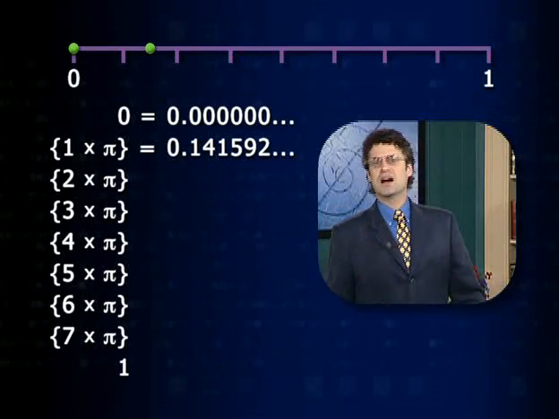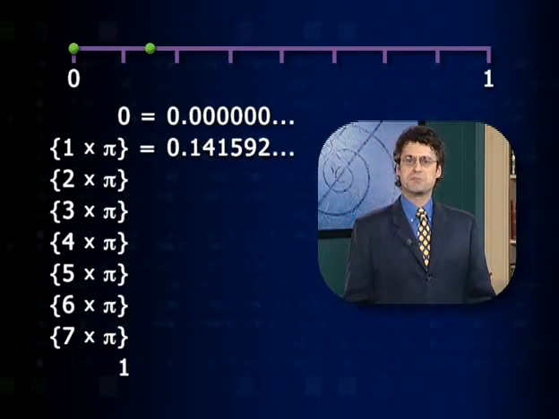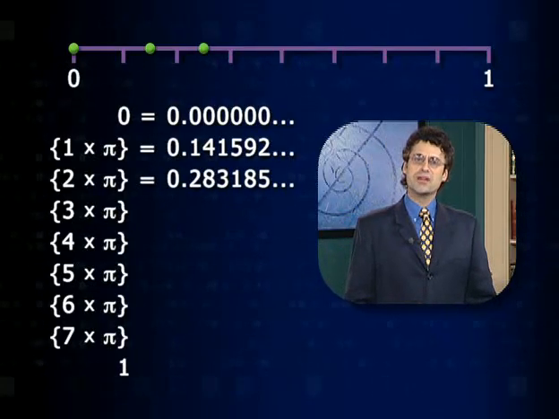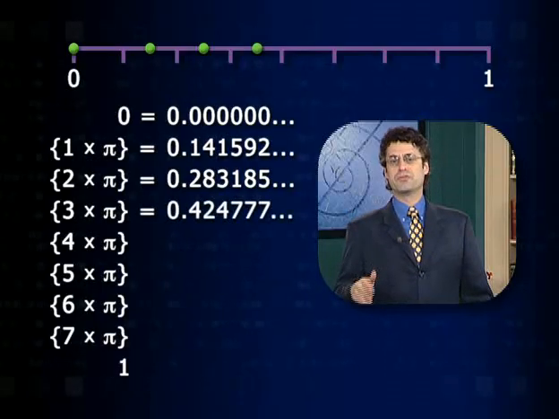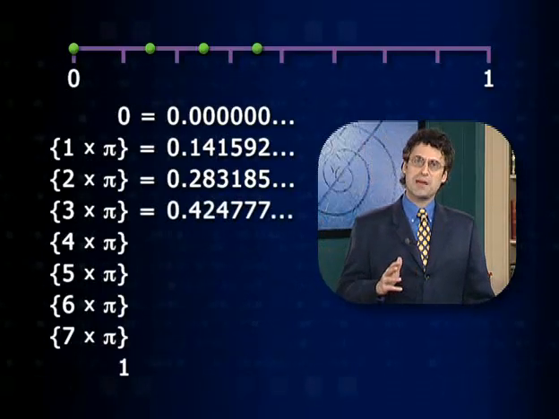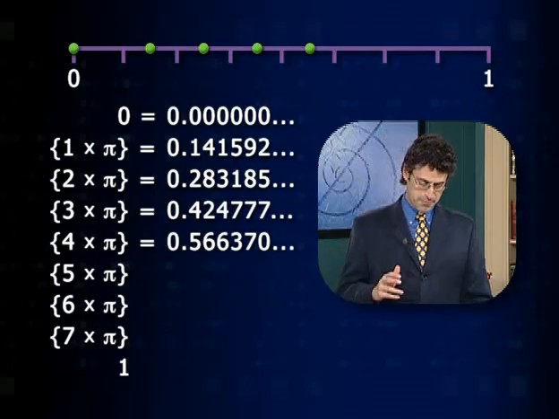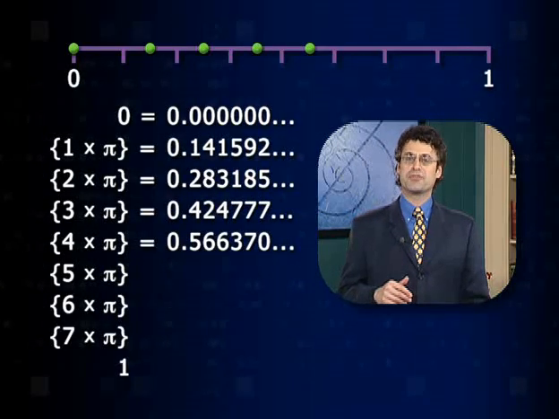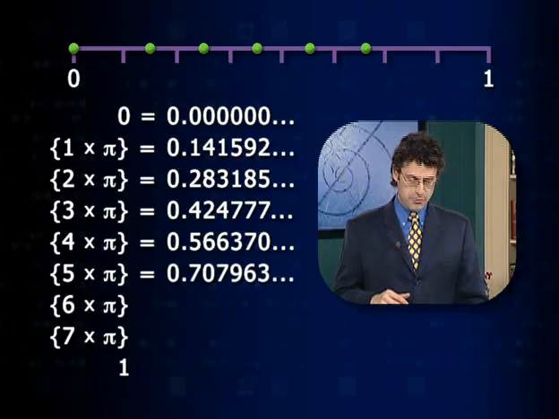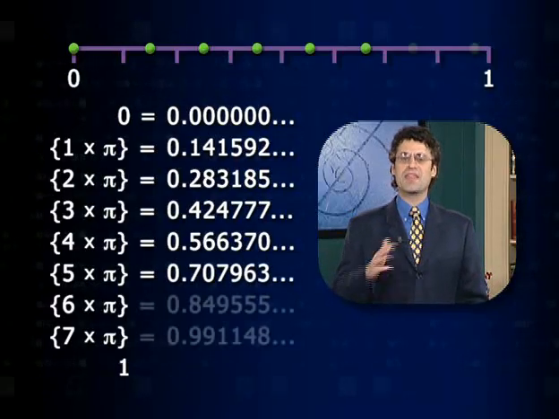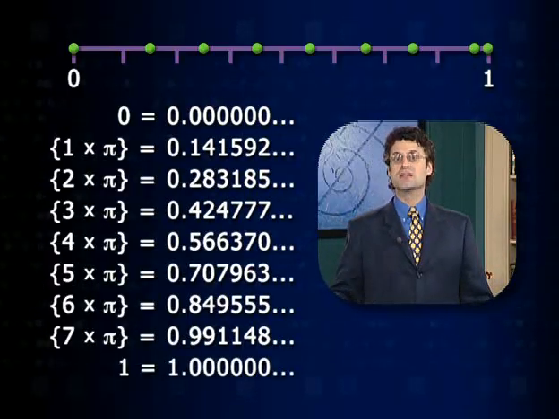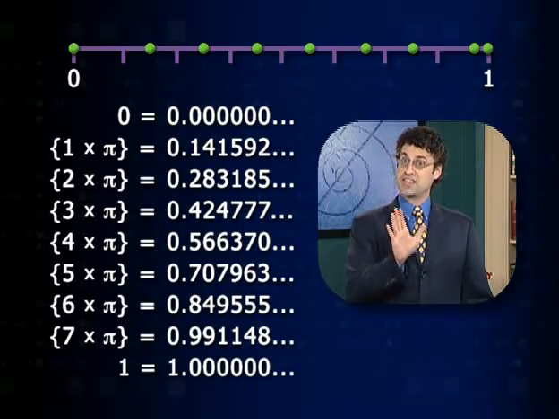And then similarly, the fractional part of 2 times pi works out to be 0.28 something. 3 times pi works out to be 0.424 something. 4 times pi works out to be 0.566 something. 5 times pi, the fractional part, works out to be 0.707 something, and then it goes on. And then finally we get to 1, which of course is 1.0000, because there we just take 1 as it is.